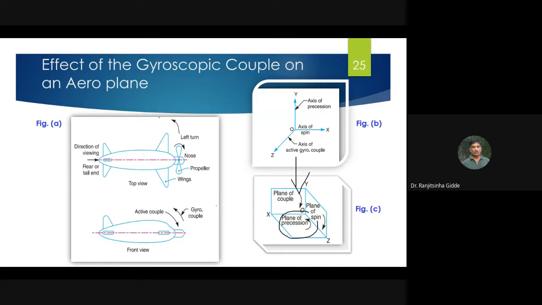And we have observed direction of rotation from this left side in this plane. After looking at this plane you understood the direction of the rotor or propeller, and after looking in this plane from top view, you noticed that the plane is going to steer in left direction. Suppose the plane is here like this, and it is going to steer in this direction. In which view did you notice that? In top view. So here it is shown.